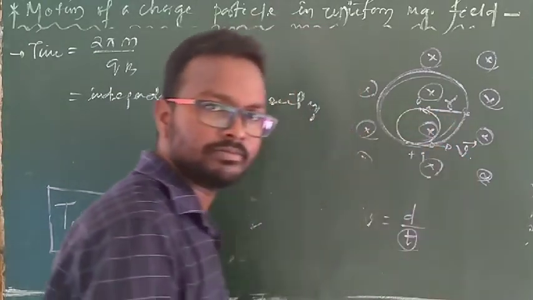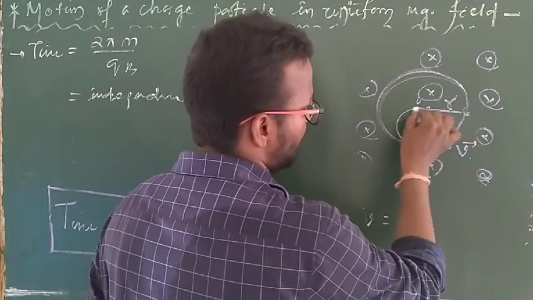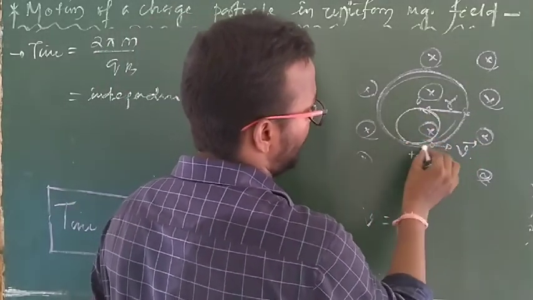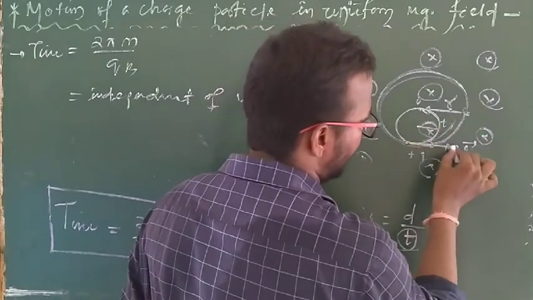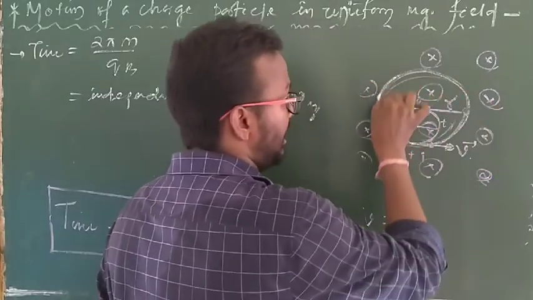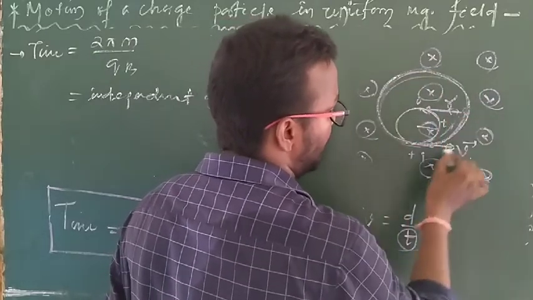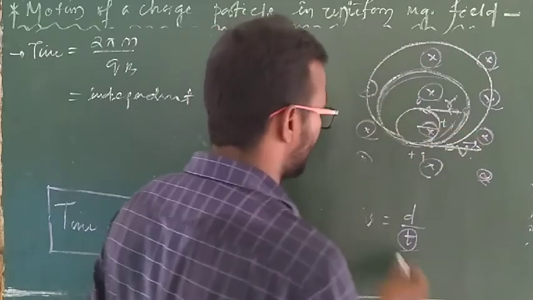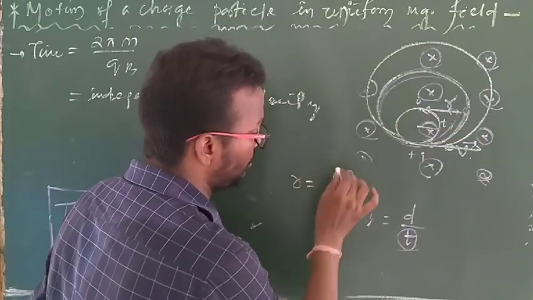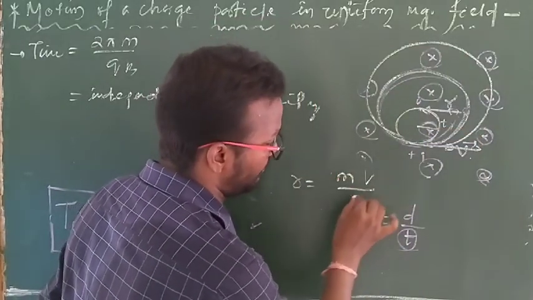Suppose the time taken to complete one cycle for small velocity is t1. Similarly, if I take a large velocity, then it makes a large circle, but the time is also t1. If velocity increases, then its path also increases, because radius r equals m v by q b.